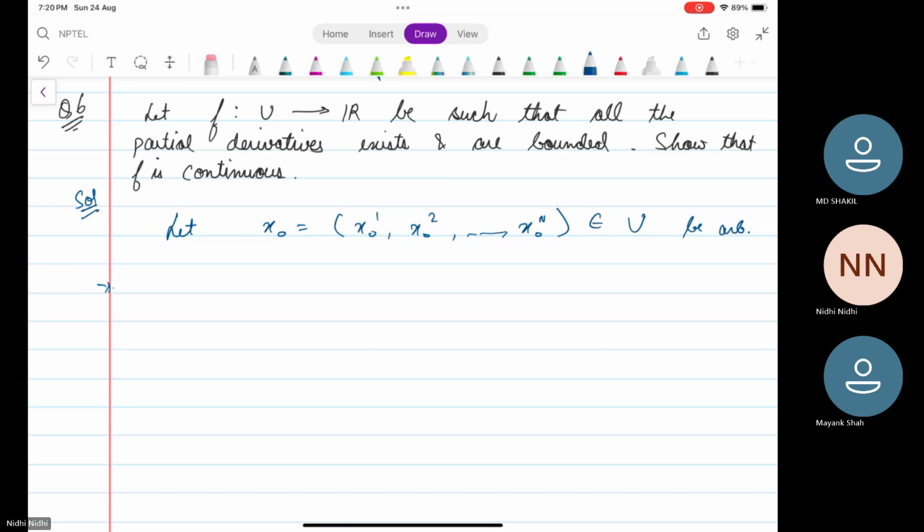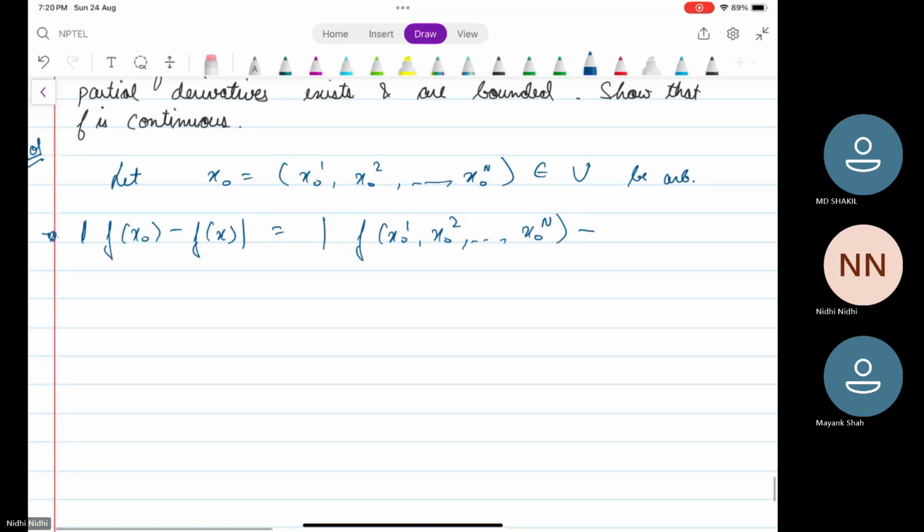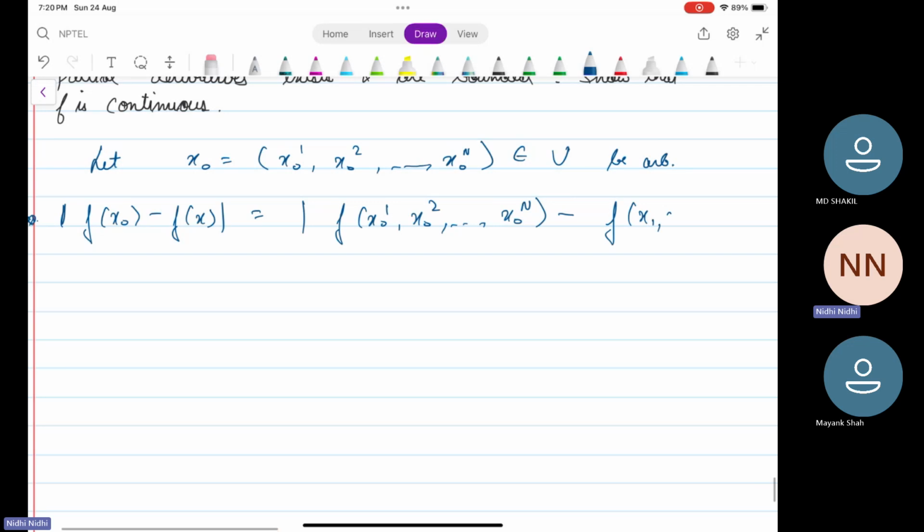And then mod of f of x naught minus f of x. This x is somewhere near x naught. This is f of (x naught 1, x naught 2, x naught n) minus f of (x1, x2, so on up to xn).